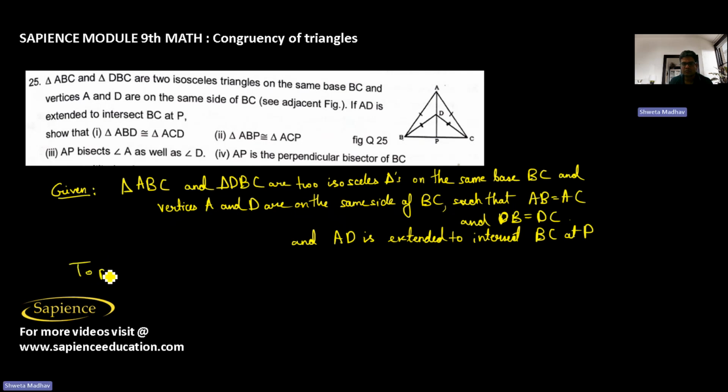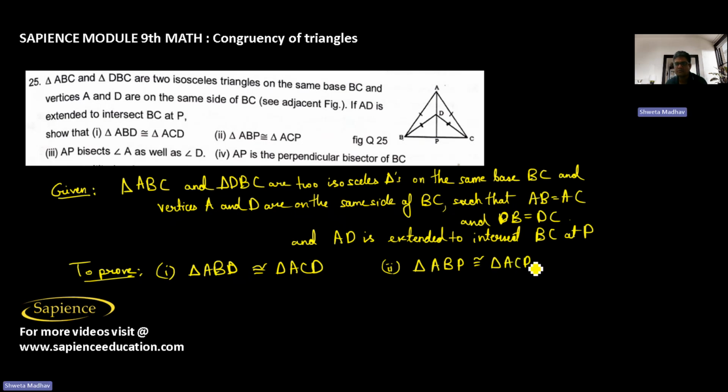Then we will try to prove. So what we have to prove? We have to prove the first part is triangle ABD is congruent to triangle ACD. The second part is we have to prove triangle ABP is congruent to triangle ACP.